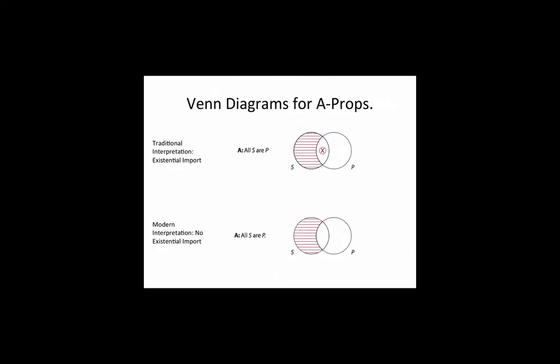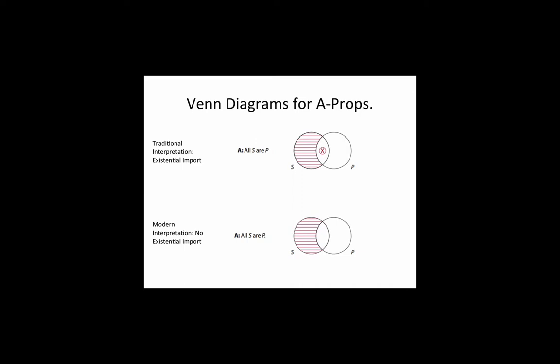We've been looking at the immediate inferences, obversion, conversion, and contraposition from the modern standpoint. That is, from the assumption that there is not existential import. In other words, we do not assume existential import on the modern standpoint.